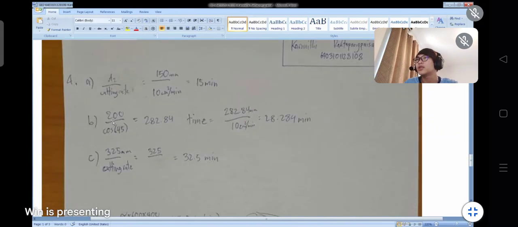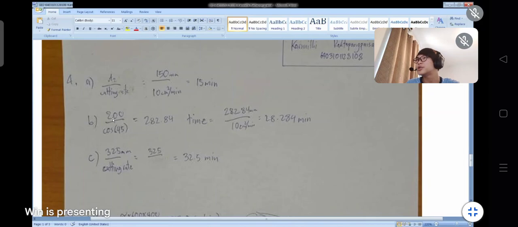For this one, we don't get the A2, but we have the A1, which is the diameter of the rectangle, sorry, and it is 200. So the formula is A1 divided by cos sigma. Sigma is the angle of the cutting, so the angle is 45, and we just put that there.